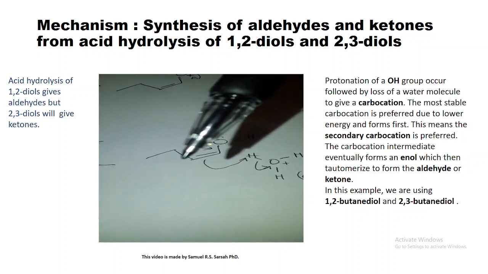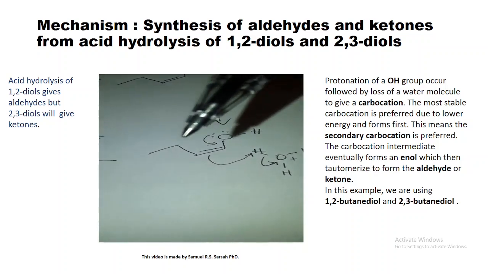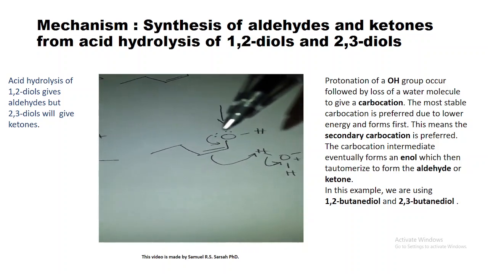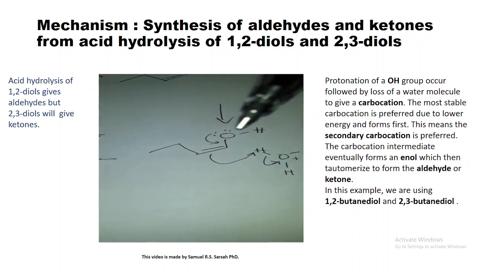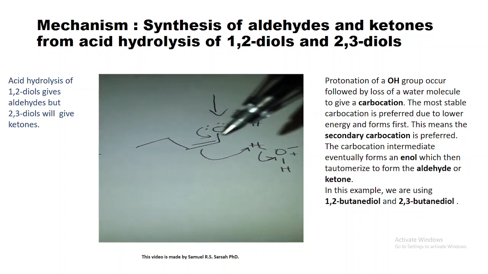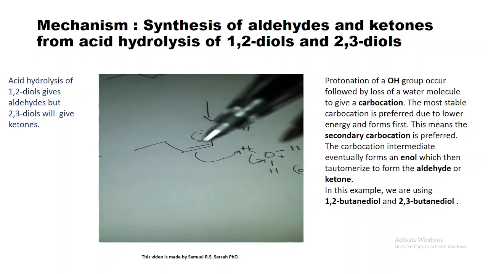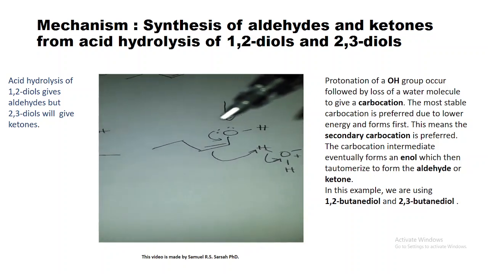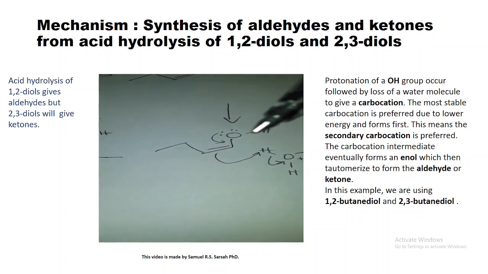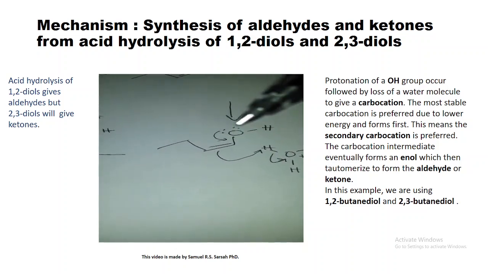So we can just stop right here because this is an enol. It will just tautomerize to give the aldehyde that we're looking for, but I just went a step further to explain mechanistically how this can lead to formation of the aldehyde.